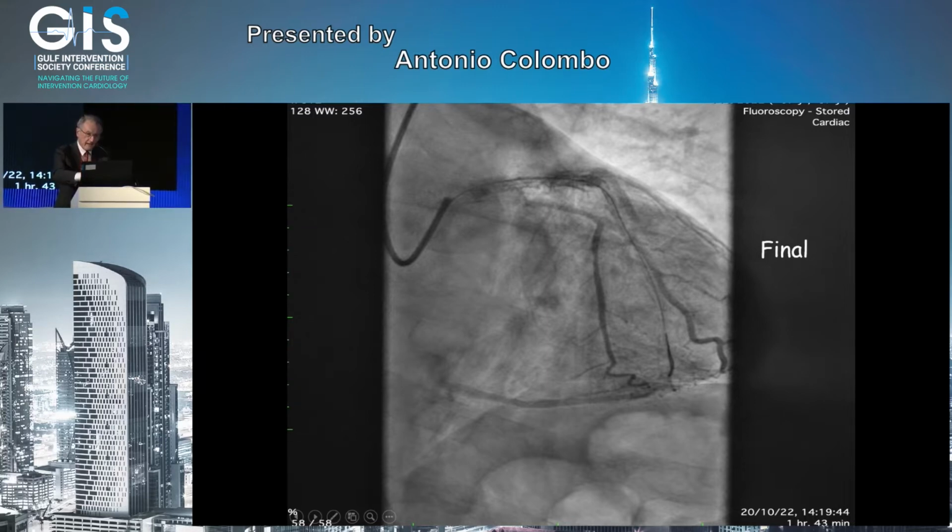The pressure wire is at the very distal and was 91 with a PD. And I must say that 5 millimeter of gradient is given already by the stent. When we did the pullback of the wire, when we reached the distal end of the stent, it was 96.